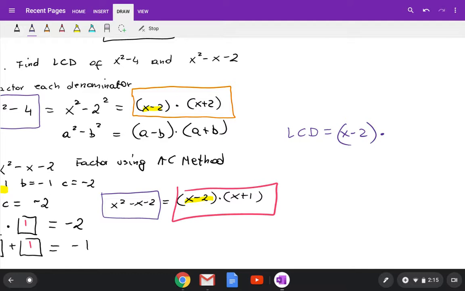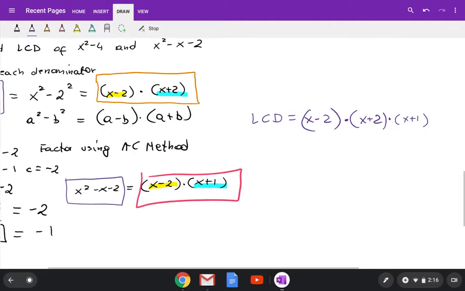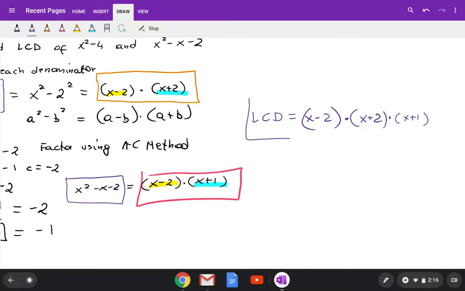So x squared minus 4 still has x plus 2, so we need to multiply by x plus 2. And x squared minus x minus 2, the second denominator, has a factor x plus 1, which we didn't use, so we have to multiply that by x plus 1. Okay, so this is the least common denominator.